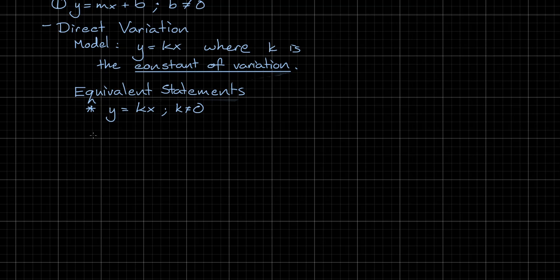Another way to do this, our second equivalent statement, the direction really matters. I'm going to say that y varies, or changes, but I'm going to write the word varies directly. And I like to use the word as, but you may see it as with. What variable changes as, like y changes as a result of changes to what other variable?